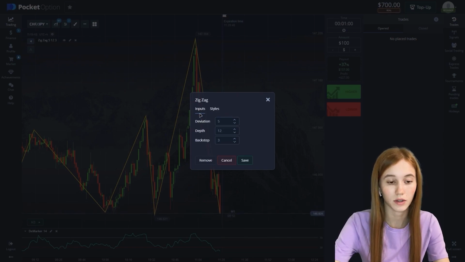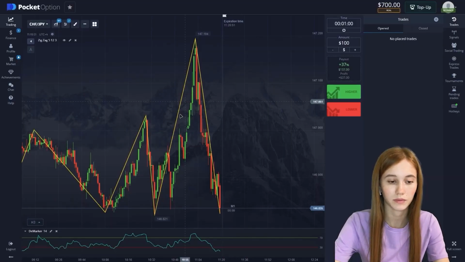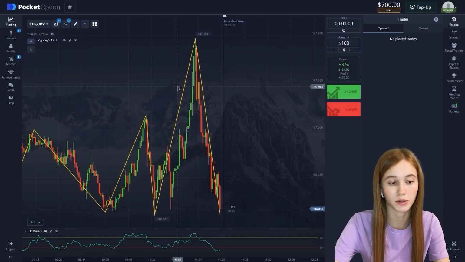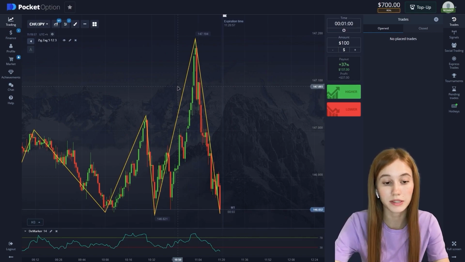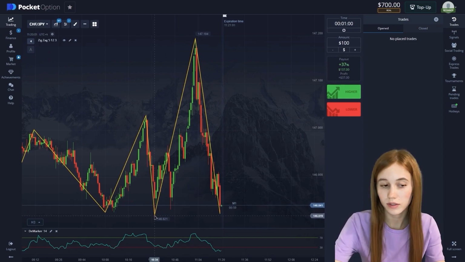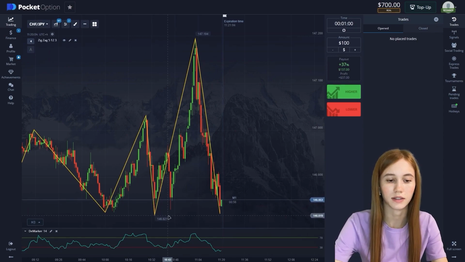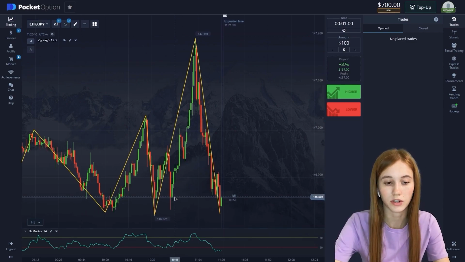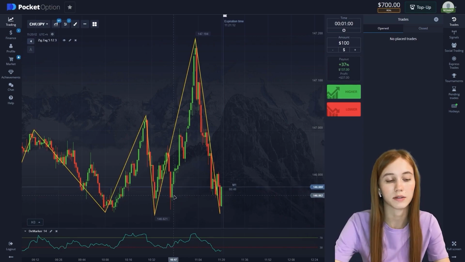So thanks to this, it's possible to consider important market movements without taking into account various noises. Unlike other indicators, the zigzag does not predict price behavior in the future, but rather indicates the significant changes in the past.